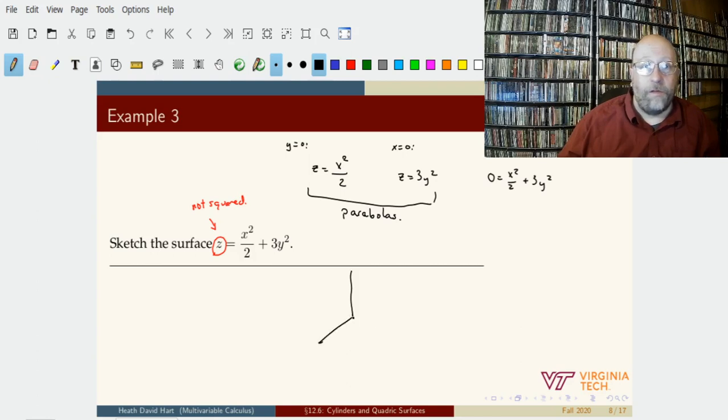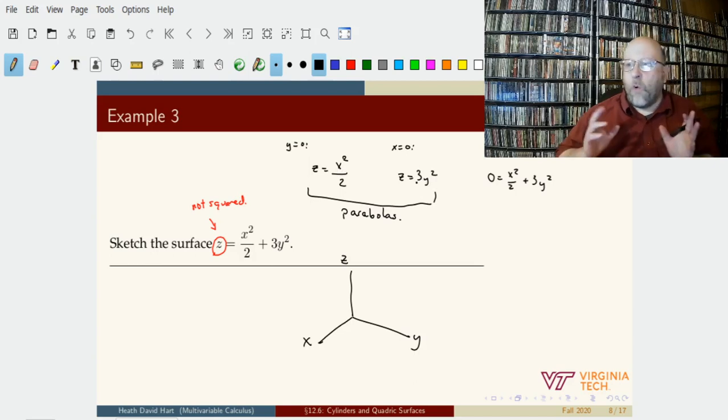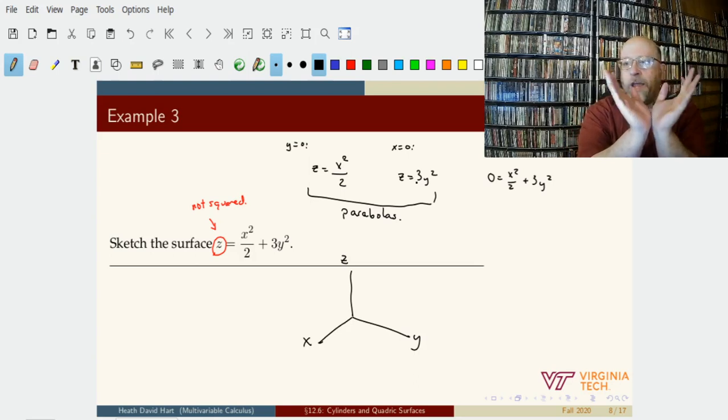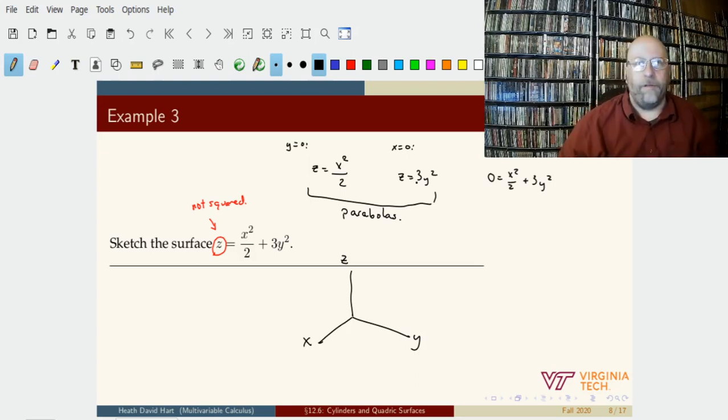So let's look at what's going on here so far. We have x and y and z. This is a parabola that opens up in the zx plane. And this is a parabola that opens up in the zy plane. But the fact that this is 1/2 x squared and this is 3y squared, that coefficient in front of the squared term changes how wide or how narrow the parabola is.